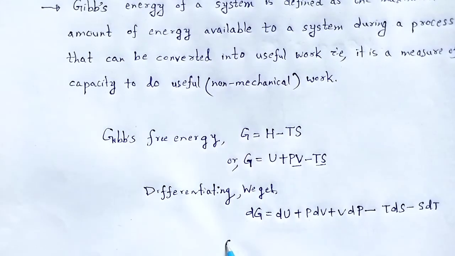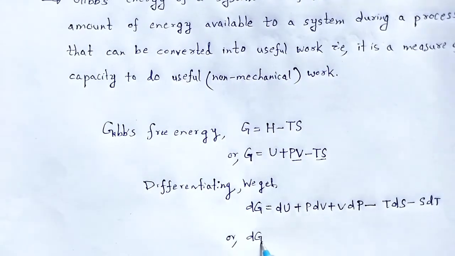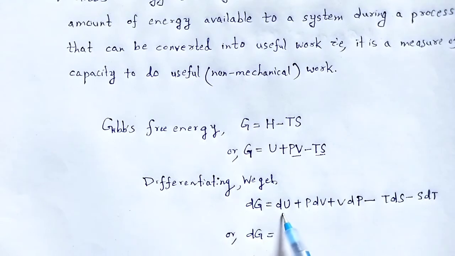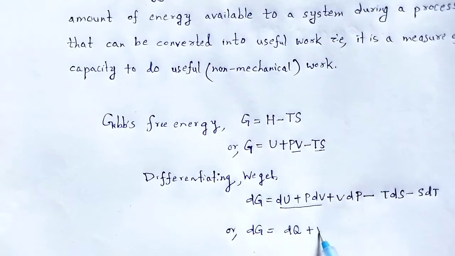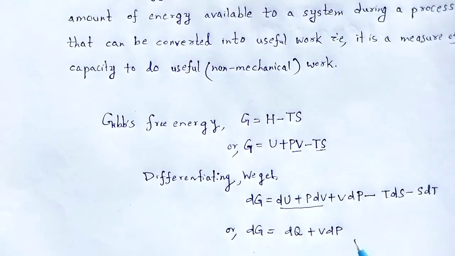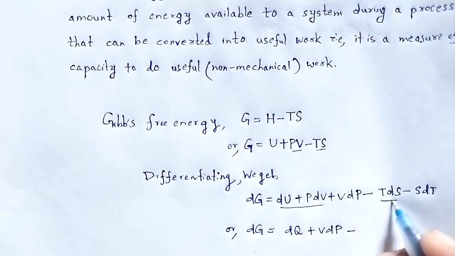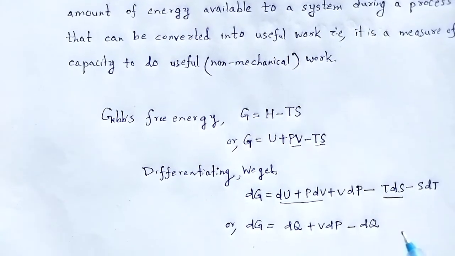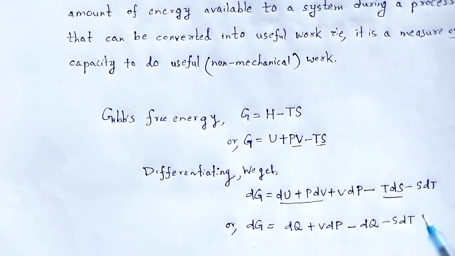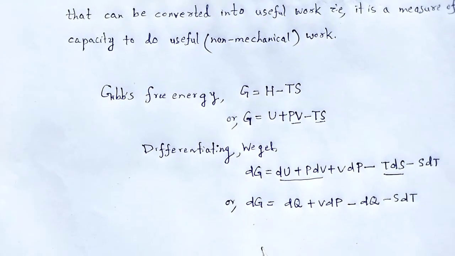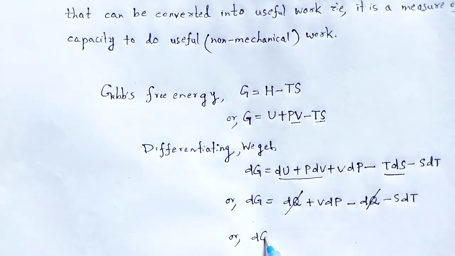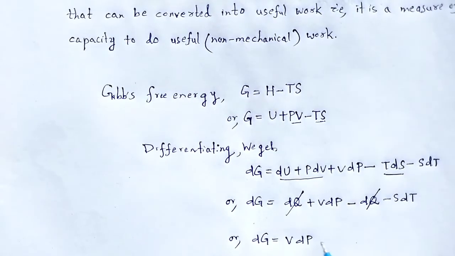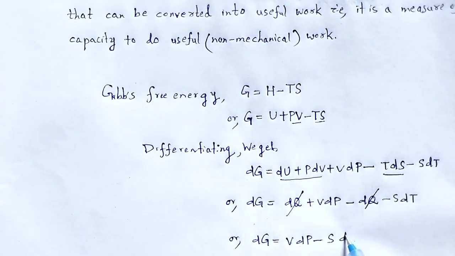Now dG is equal to dU plus P dV, that is dQ, plus V dP minus, in place of T dS, that is dQ, S dT. The dQ terms cancel out, so dG is equal to V dP minus S dT.